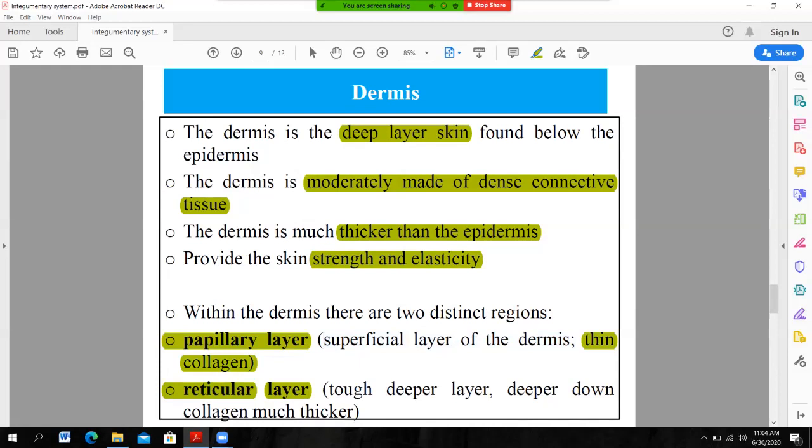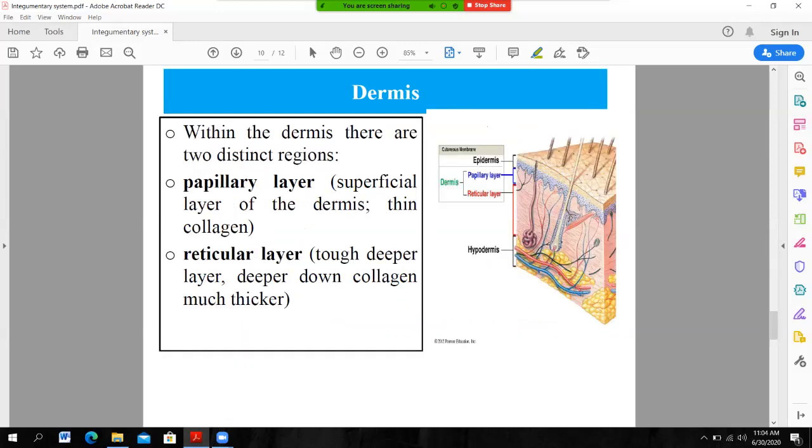The other layer is the reticular layer. It is found at the deeper layer of the dermis, and here the collagen is much thicker compared to the papillary layer. So there are two important regions of the dermis, the papillary layer and the reticular layer.